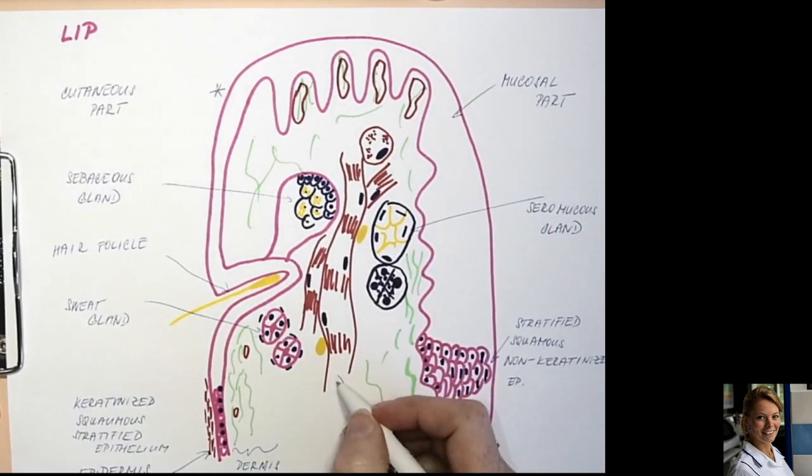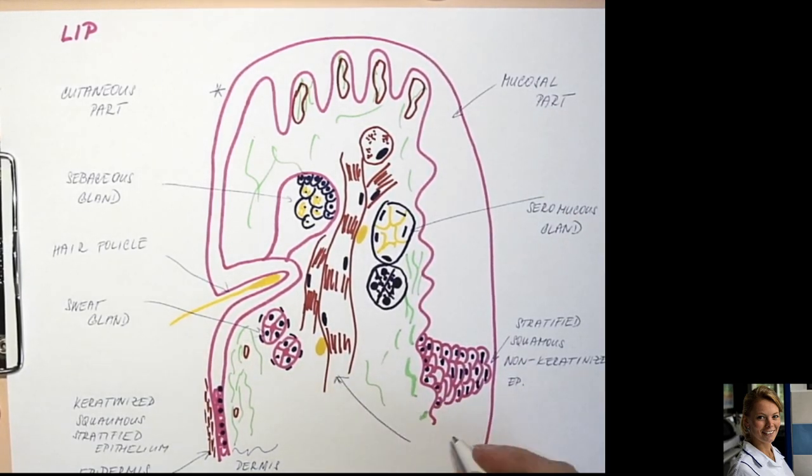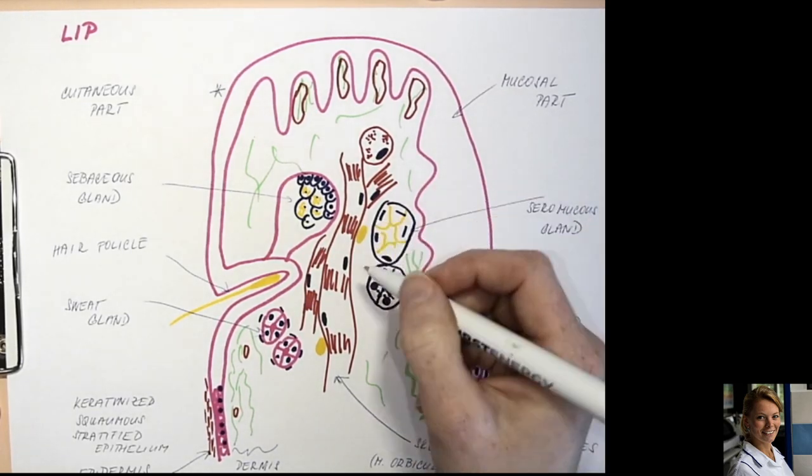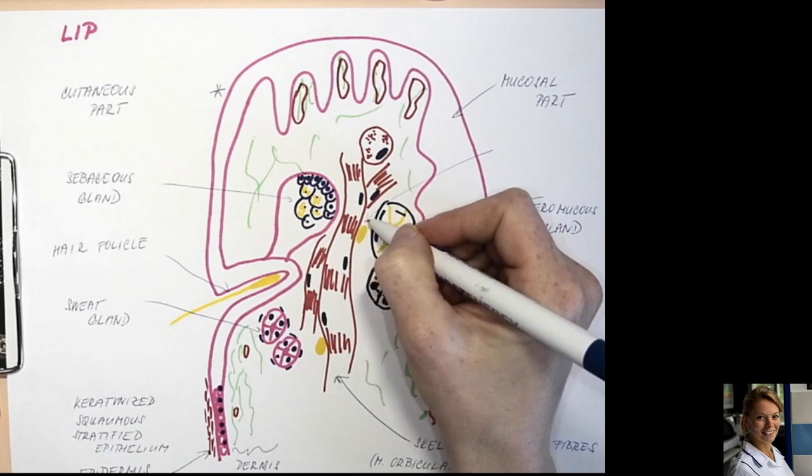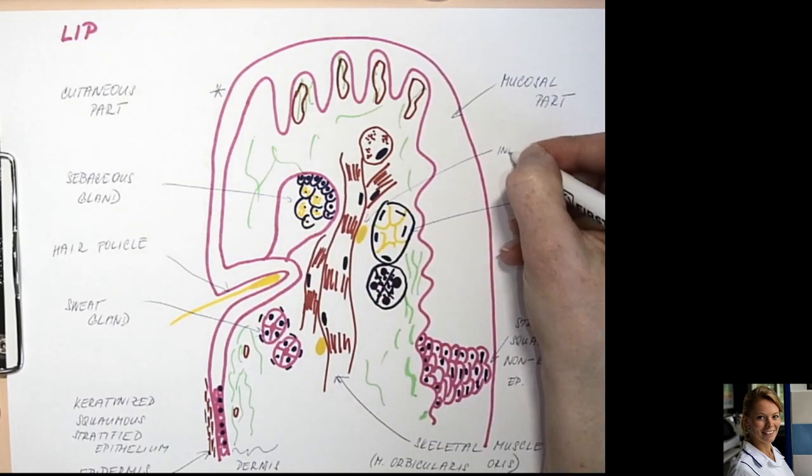And the core of the lip is composed of skeletal muscle fibers, which form the musculus orbicularis oris, and its innervation.